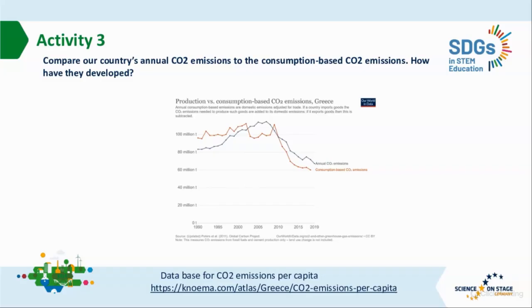A next example, an activity, is to compare, as I referred to at the beginning, our country's carbon emissions to consumption-based carbon emissions. How have they developed? So we have two different graphical representations, and we can see that between 1990 and 2002, consumption-based emissions increased about 16% and were higher than our emissions.